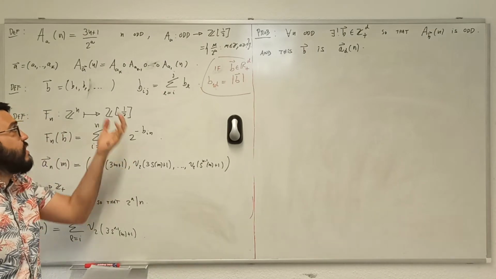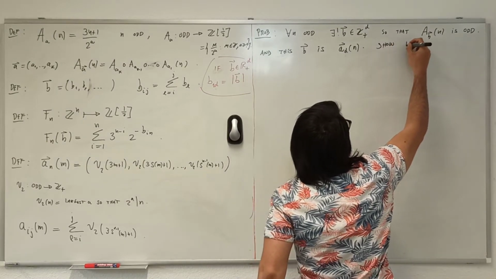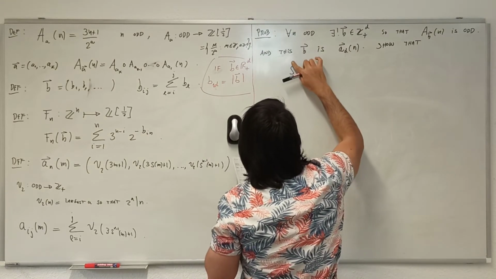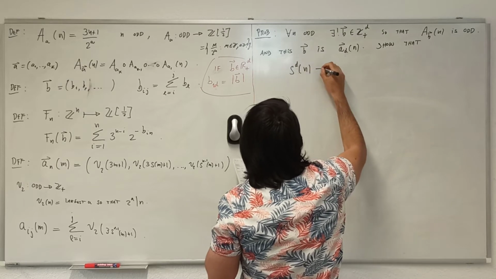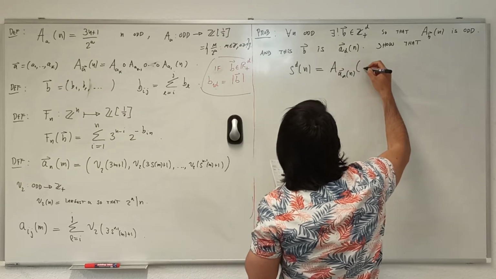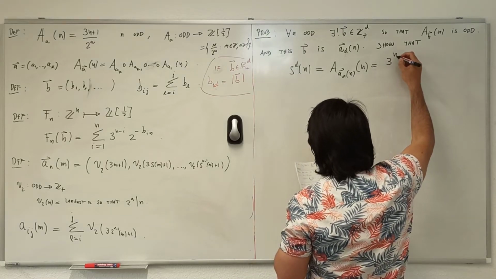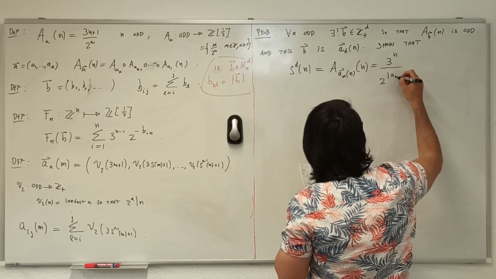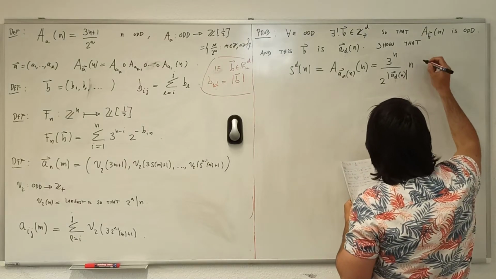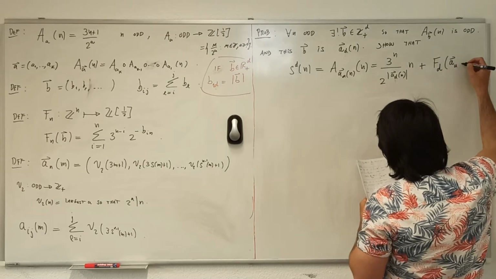It's more or less obvious, and show that then, let's say, s^d of n equals a_d of n applied in n, which is also equal to 3 to the d, over 2 to a_d of n, times n plus f_d of a_d of n.